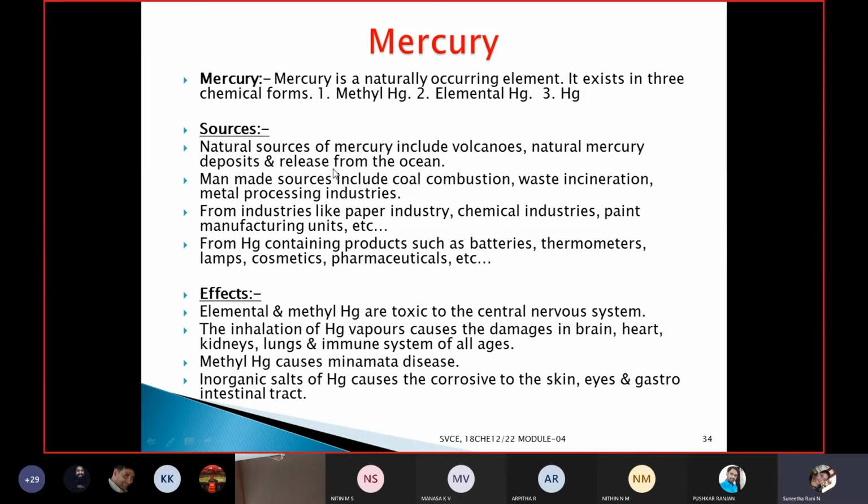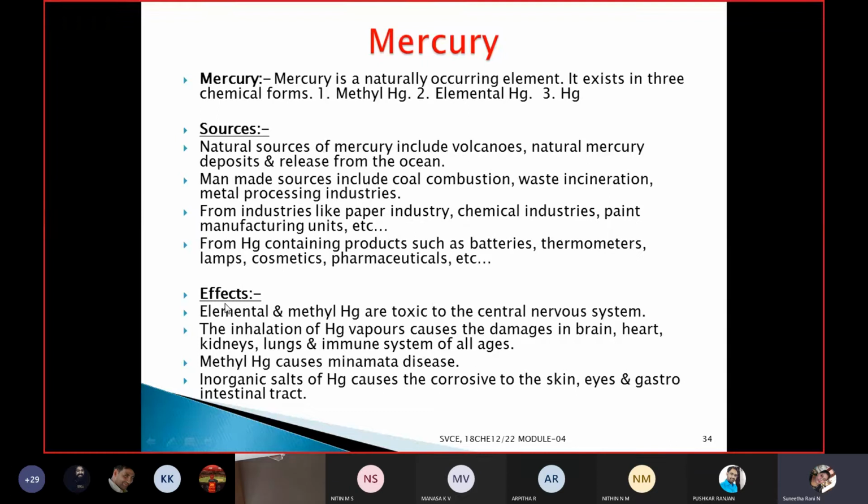Man-made sources include coal combustion, waste incineration, metal processing industries, paper industry, chemical industry, and print manufacturing units, and mercury-containing products such as batteries, thermometers, lamps, cosmetics, and pharmaceuticals. These are the main sources of mercury.